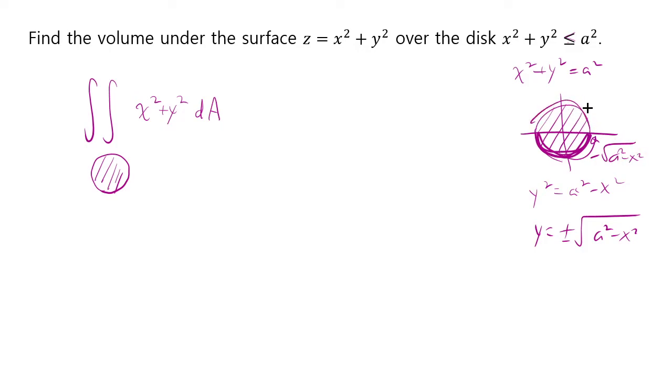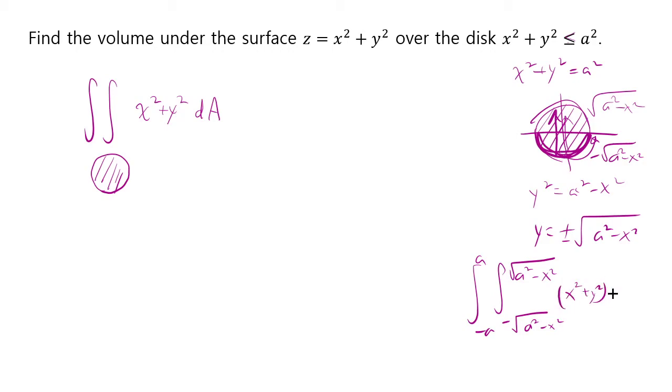The top is positive square root of a squared minus x squared. So you can start from here and there. So if you were to use rectangular, you would write minus square root of a squared minus x squared, and you end at square root of a squared minus x squared, with x varying from negative a to a, and x squared plus y squared dy dx.